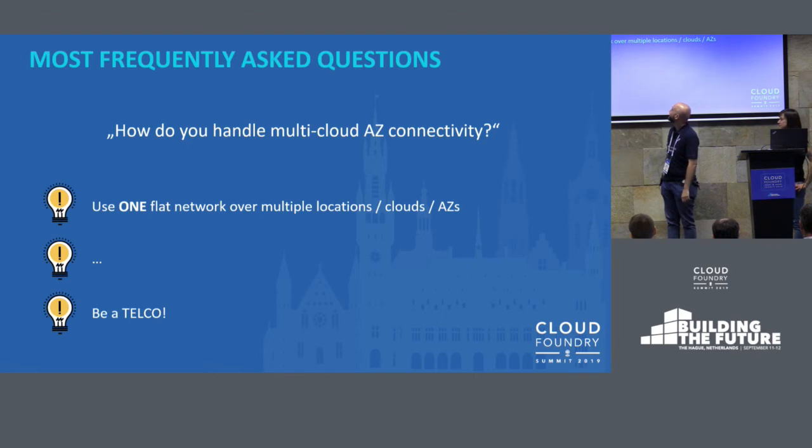Now the thing is, I actually don't know how the connectivity between the 3 AZs has been set up, because I'm not a network expert, but it certainly helps to be working for a telco company, because apparently we know how to do that. But I'm not the expert on it.